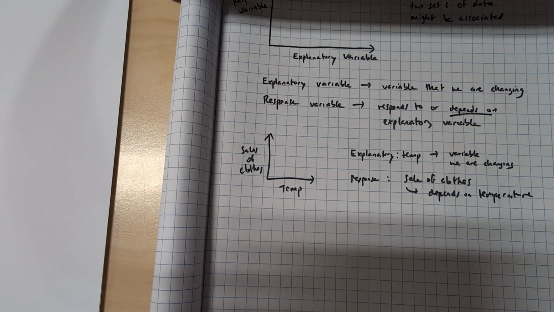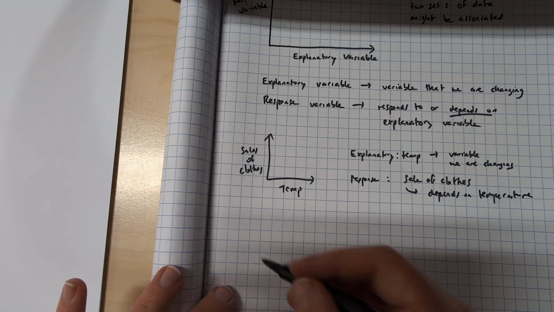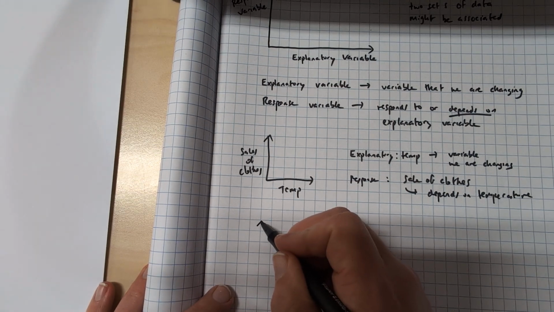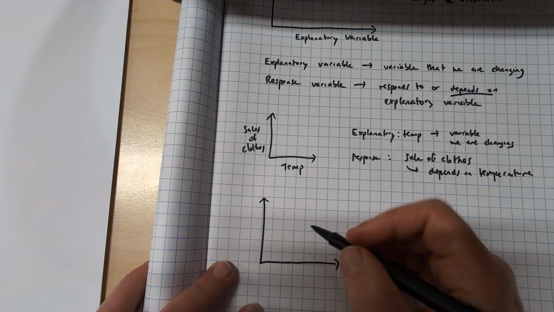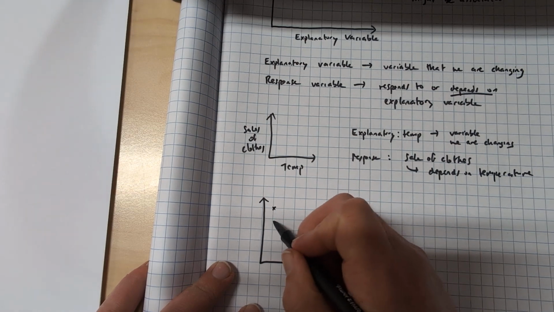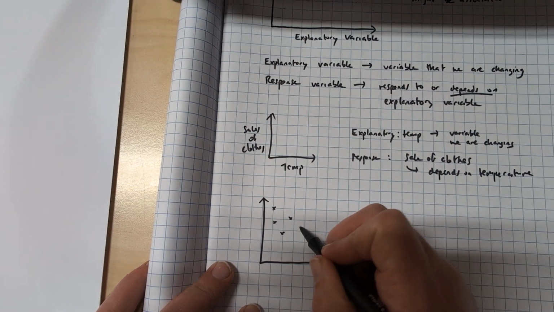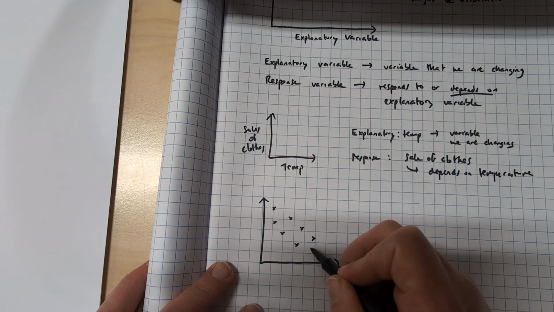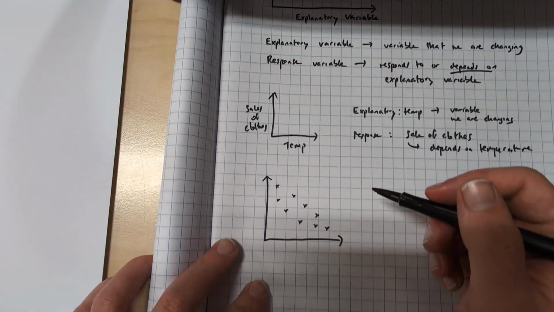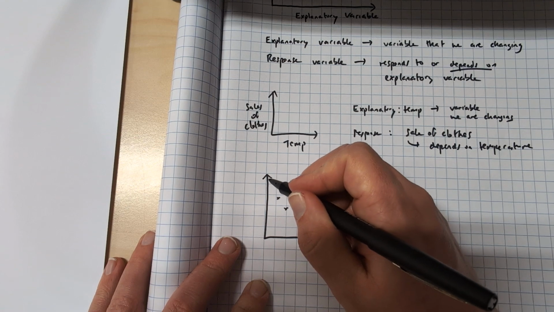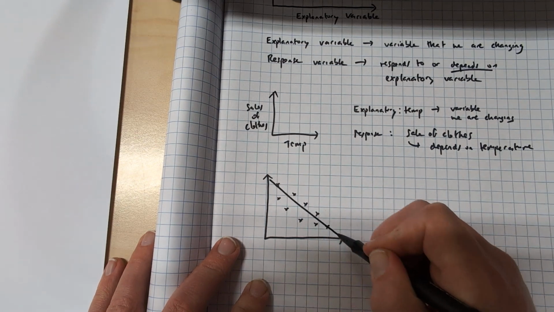The next bit we're going to talk about is describing and interpreting correlation. So let's just do a fake example of a scatter graph. If I'm going to draw my line of best fit, it would roughly look something like this.